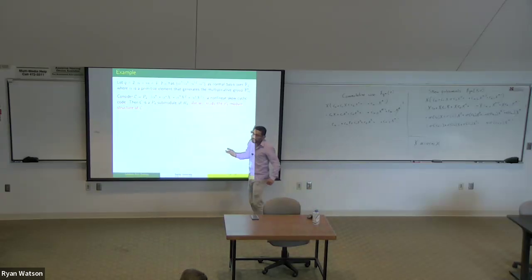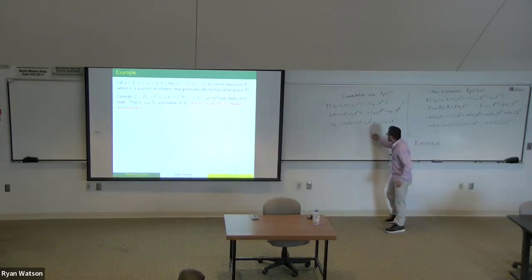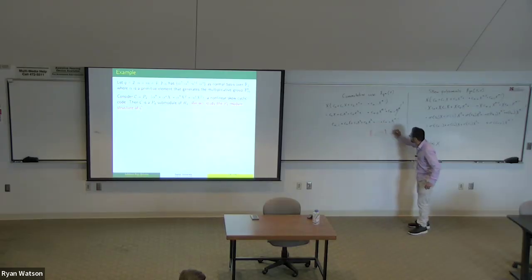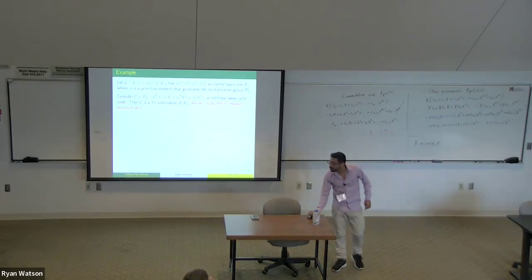So I am working with F_2 as a subfield of F_16. So I want to understand how this P_4 module looks like.